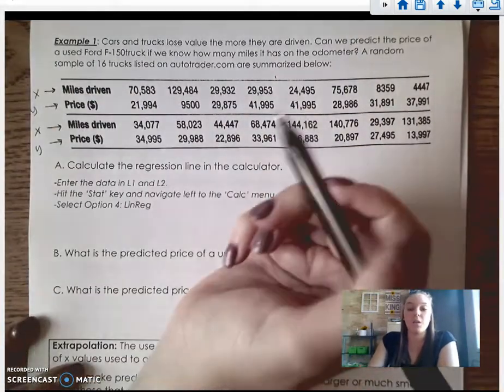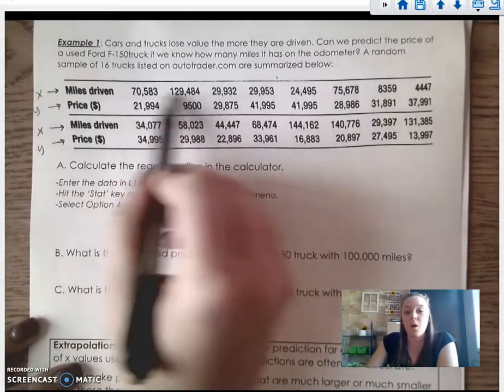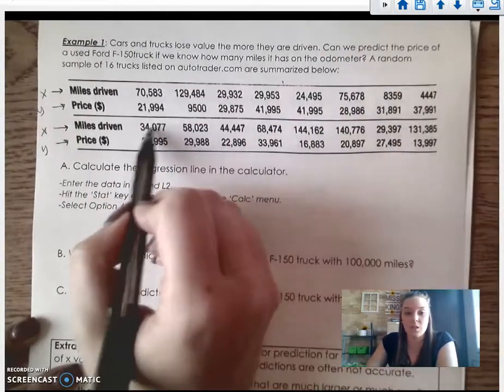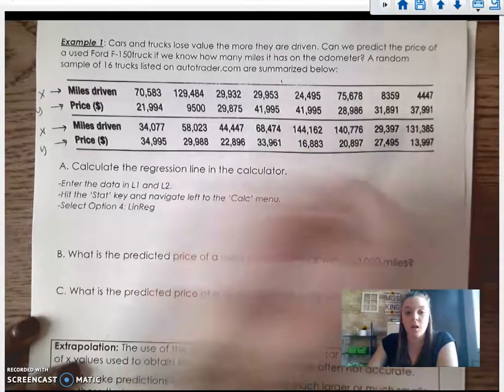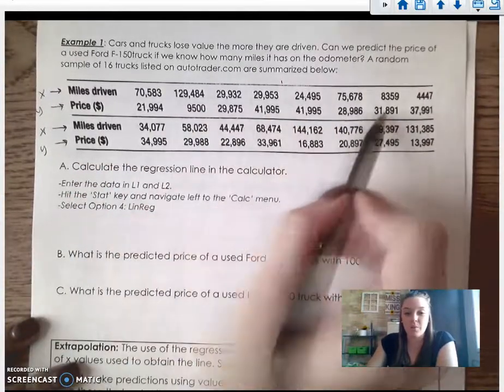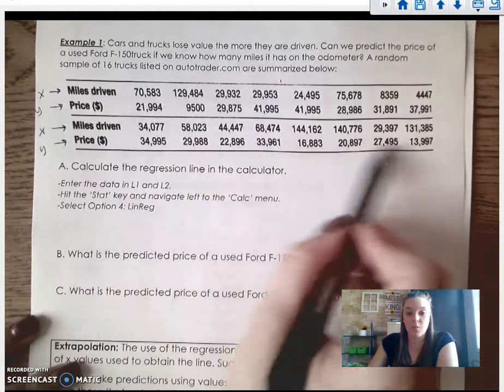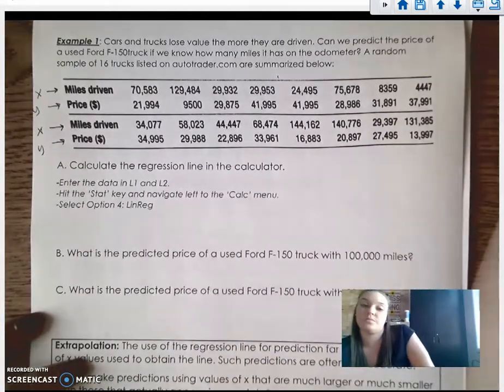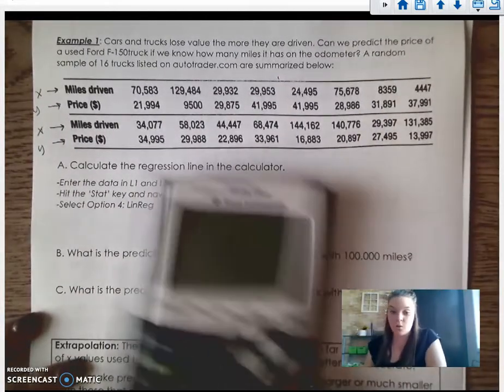So when you type this into your calculator, you're going to type all of the miles driven, so all 16 of these in L1, and then all of your y's or all of your response variables in L2. Alright, so we're going to go ahead and do that.